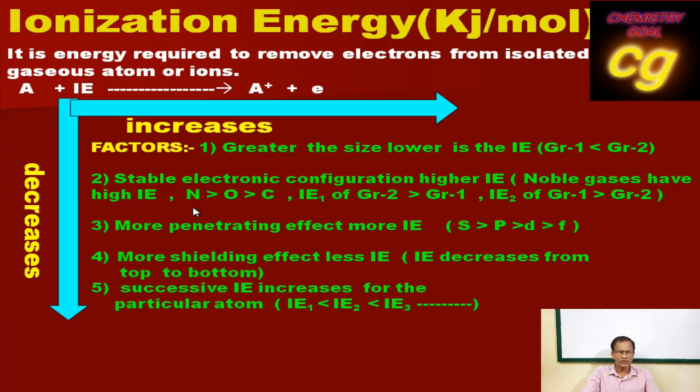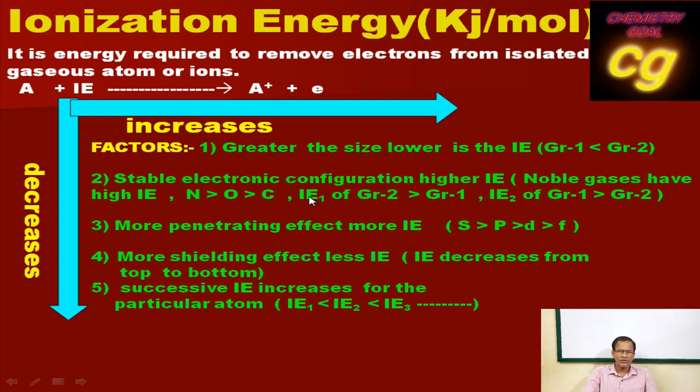P has capacity 6 electrons, and 3 means it is half filled. A half filled state means stable. That's why nitrogen has a very high ionization energy compared to oxygen and carbon.